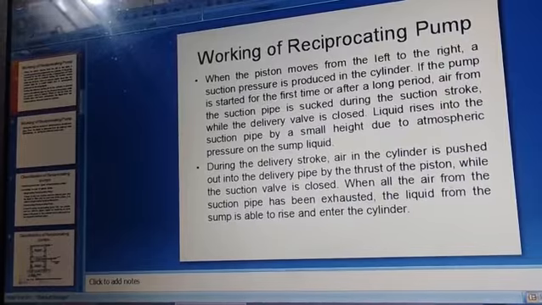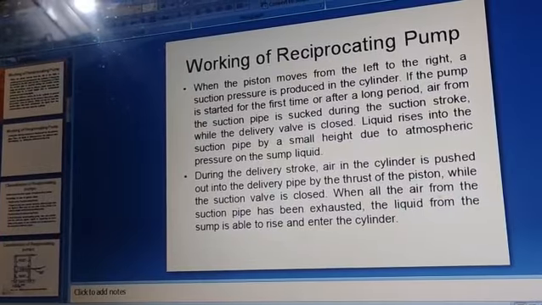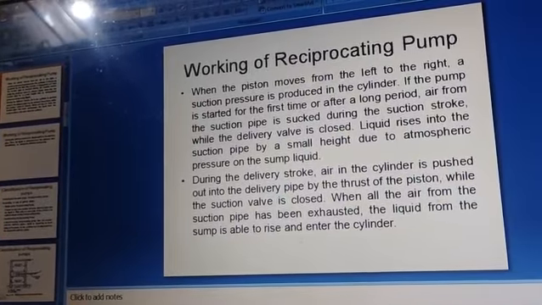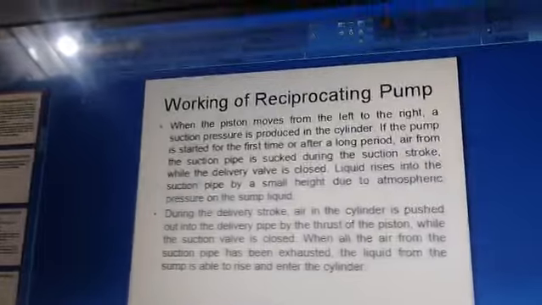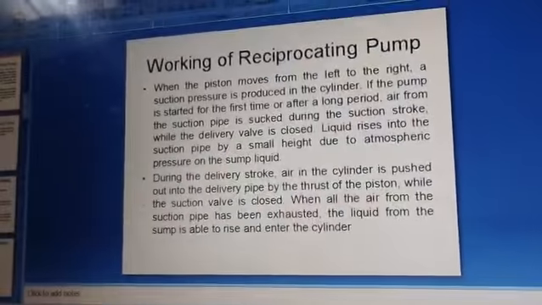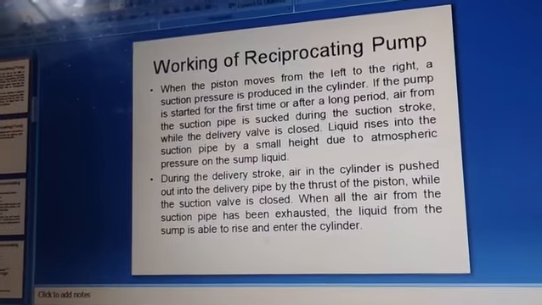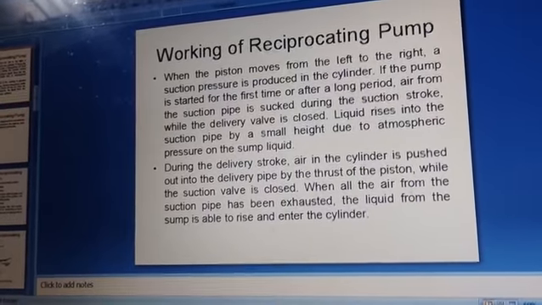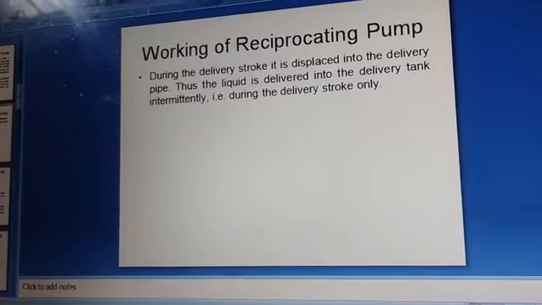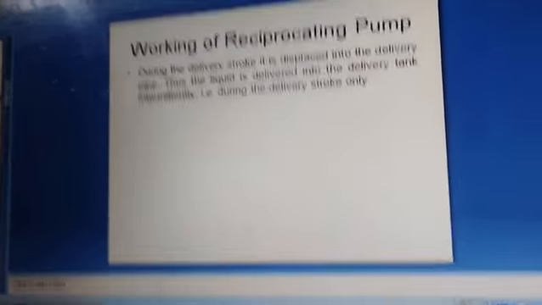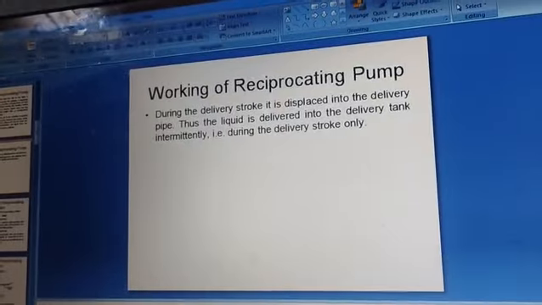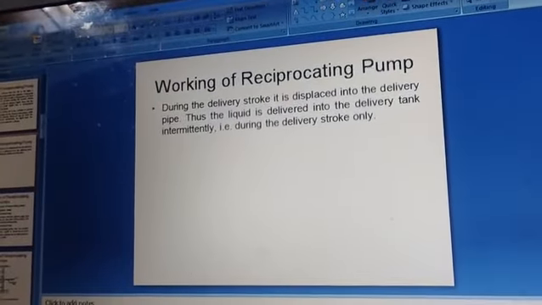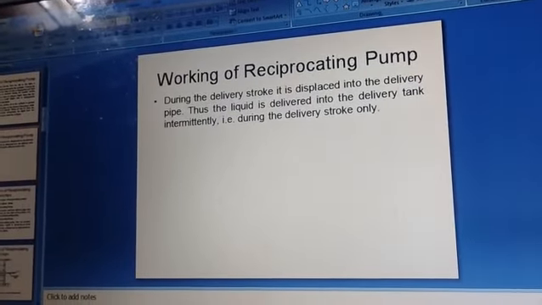During the delivery stroke, air in the cylinder is pushed out into the delivery pipe by the thrust of the piston while the suction valve is closed. When all the air from the suction pipe has been exhausted, the liquid from the sump is able to rise and enter the cylinder. During the delivery stroke, it is displaced into the delivery pipe. Thus, the liquid is delivered into the delivery tank intermittently, that is, during the delivery stroke only.